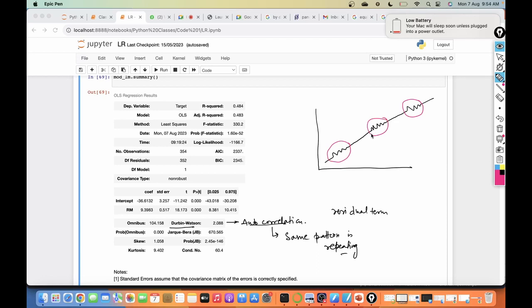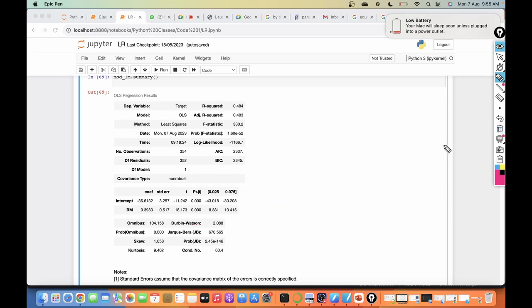Okay, so now if you fit a linear regression, this Durbin-Watson method tells us about the measurement of autocorrelation. It tells whether our data is autocorrelated or not, whether our residuals are autocorrelated or not. So how to take it?